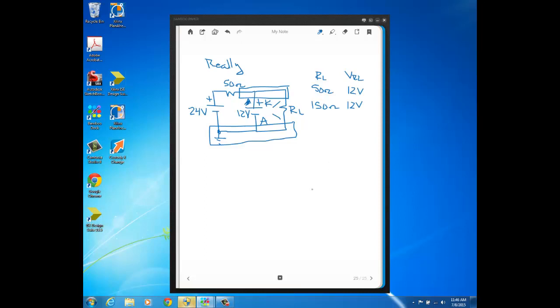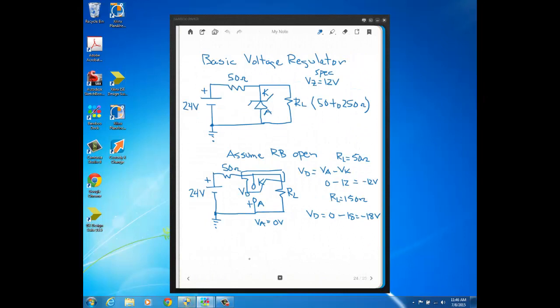And then just to finish this off, if you have RL equal to 250 ohms, excuse me, which is the top value of the range, well, you should be able to prove to yourself that now VD is going to be minus 20 volts, which is even more reverse bias voltage than we need to get the Zener to conduct, right? It's 8 more reverse bias volts than the minimum that we need.